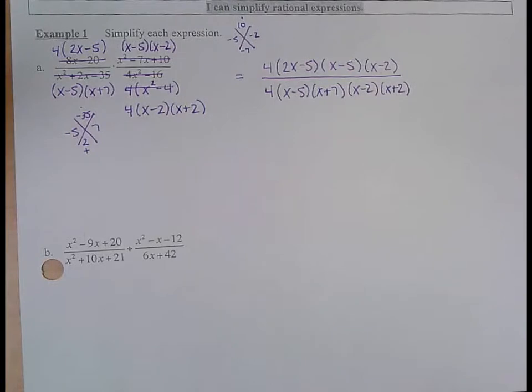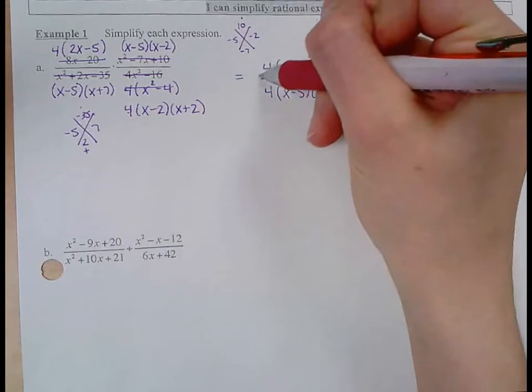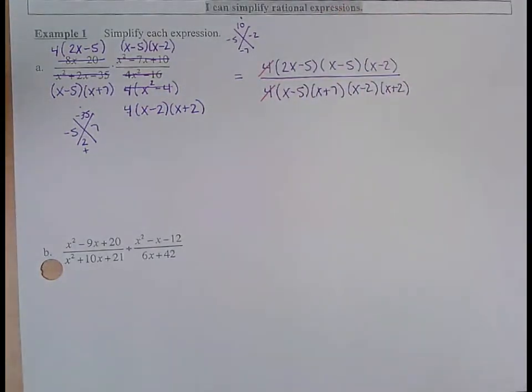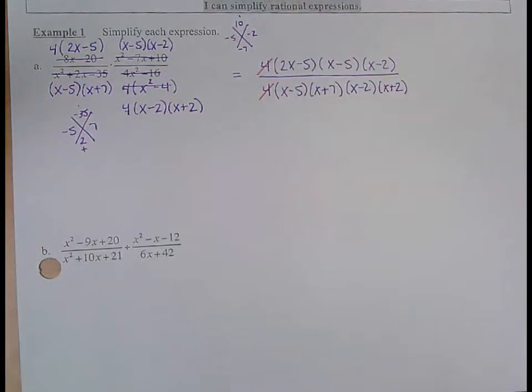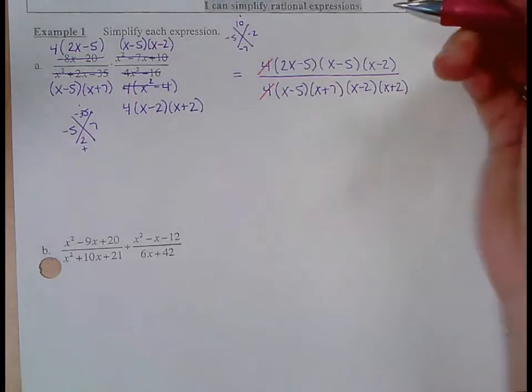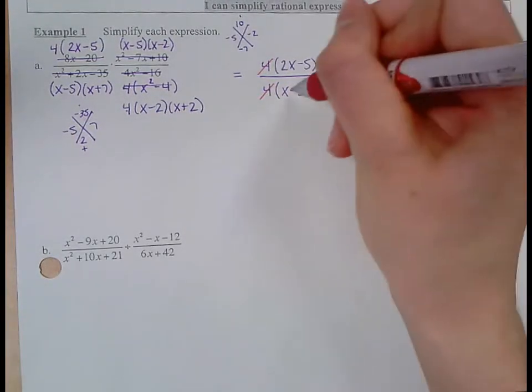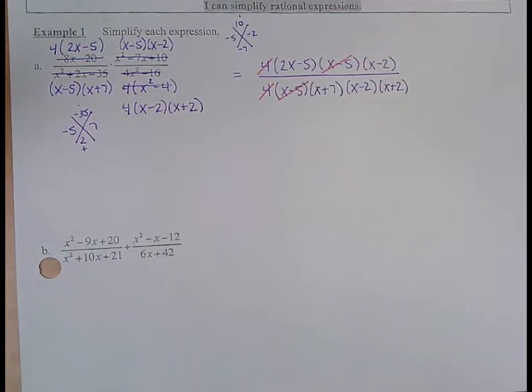Okay, so make sure everything is factored. And now you look to see what you are able to cancel. Some common factors. On the top and bottom, we can cancel out the 4s, and they both would just become 1s or just cancel out. We have an x minus 5 on the top and the bottom.